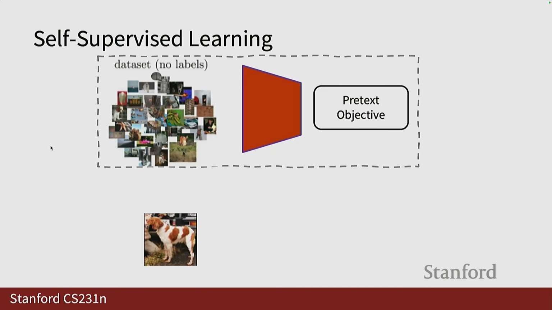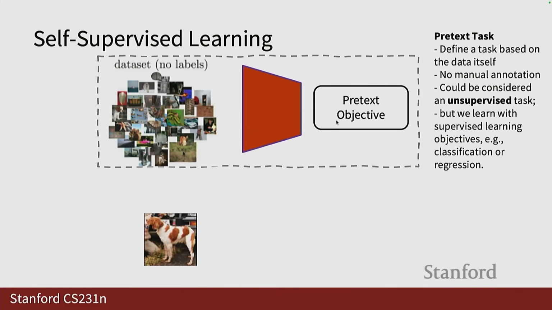So, having a large data set of, say, images without any labels, our hypothesis is that we can train a neural network using an objective function, a pretext task, that gets us good features from images.